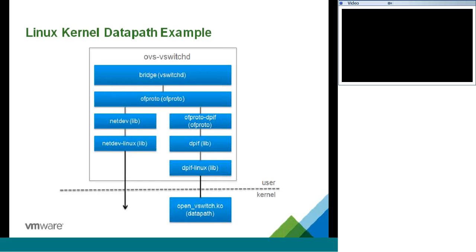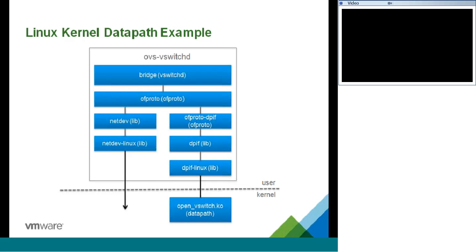And so if you were to do a port of this, you have OF proto, then you have this OF proto DPIF. OF proto DPIF explodes misses into exact match megaflow entries that then get pushed down to the data path.